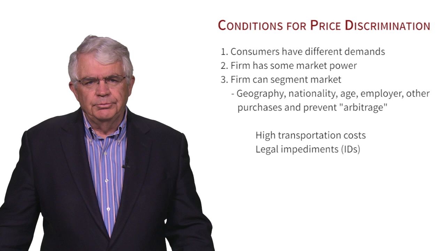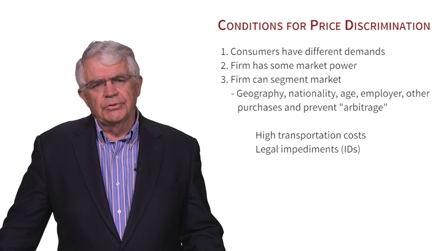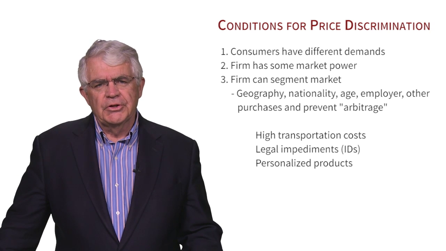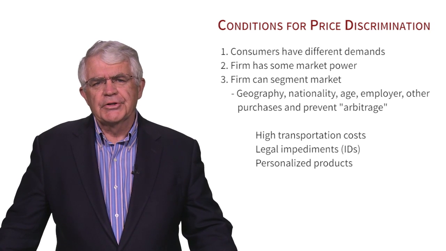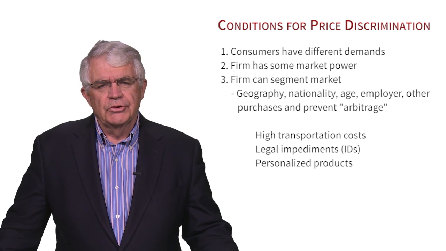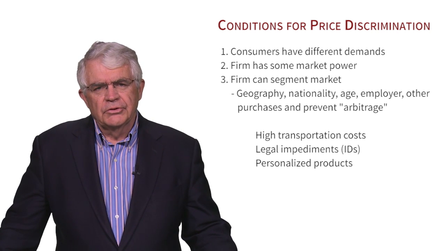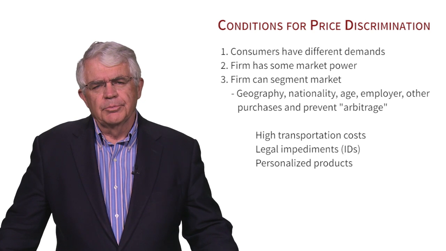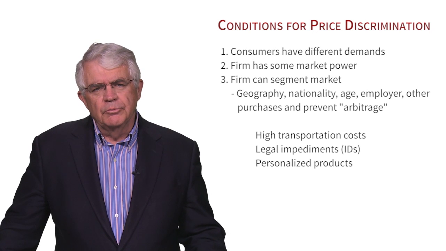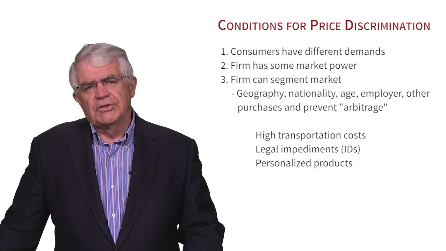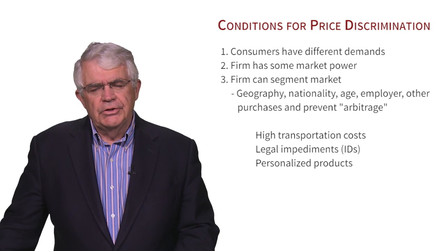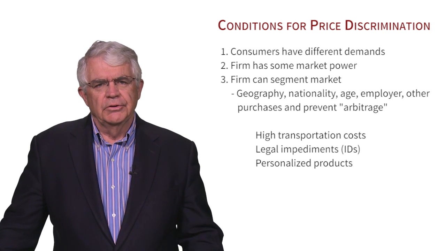And then as technology changes, we're going to be seeing more and more of this kind of discrimination, I believe, because firms can actually make the products personalized for the individual. You can get, say, ski boots that are designed just for your shoe size, or running shoes that are personalized. And so you're actually able to segment the market even more finely than if you just had to think about retirees or seniors buying movie tickets compared to young people.